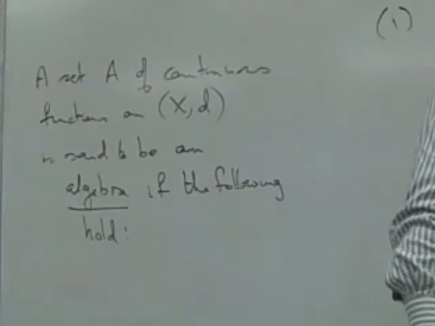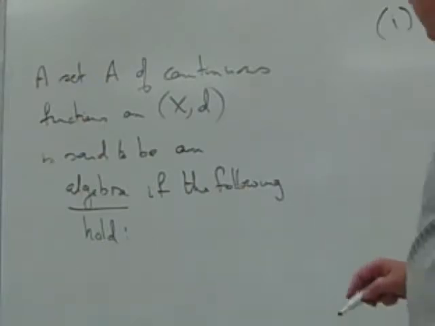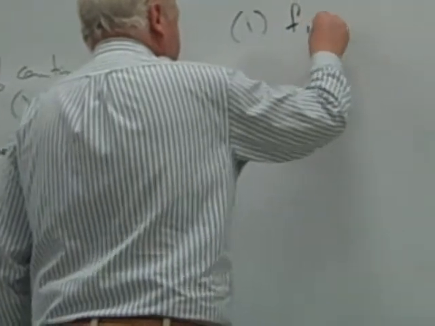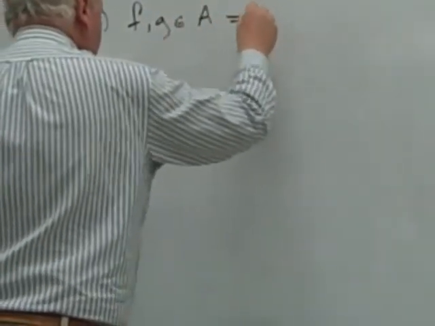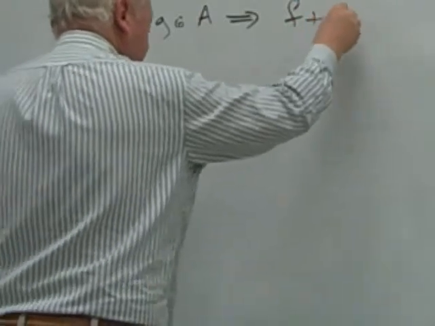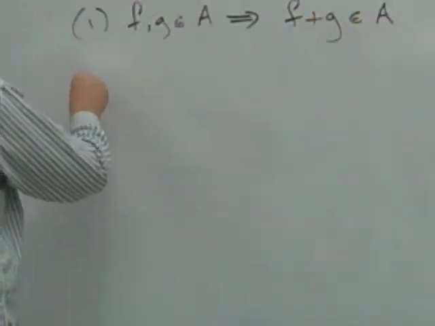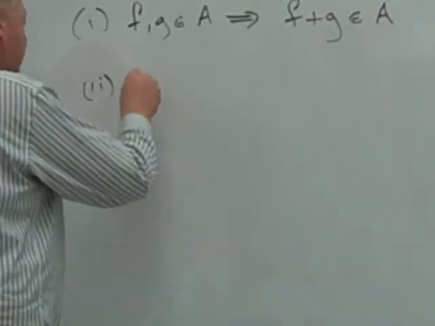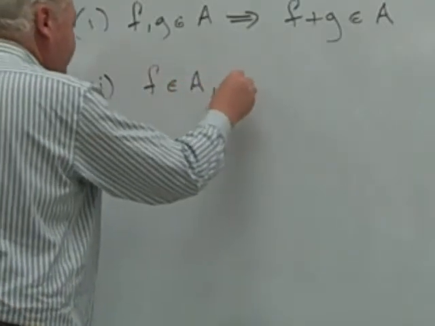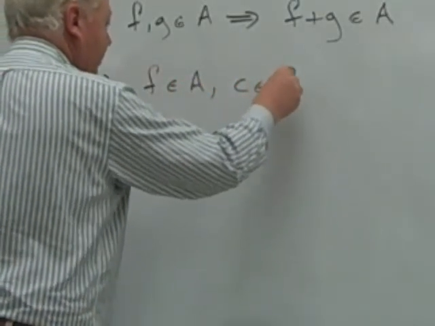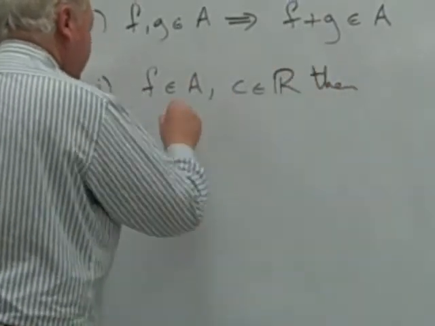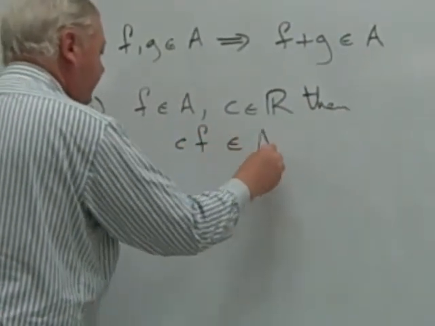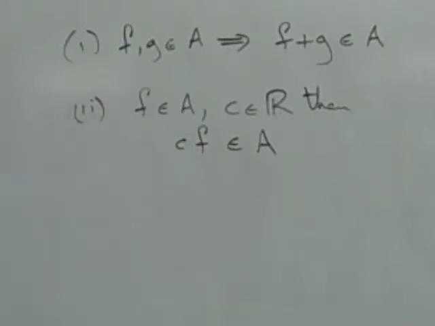The first condition is that if you take two elements in the set, f and g in A, implies that their sum is in A. Secondly, if f is in A and c is a real number, then c times f is in A. Does c need to be a real number or in our metric space?